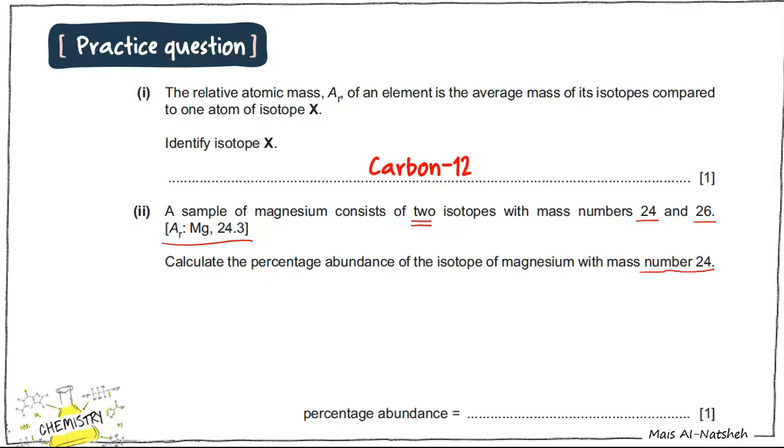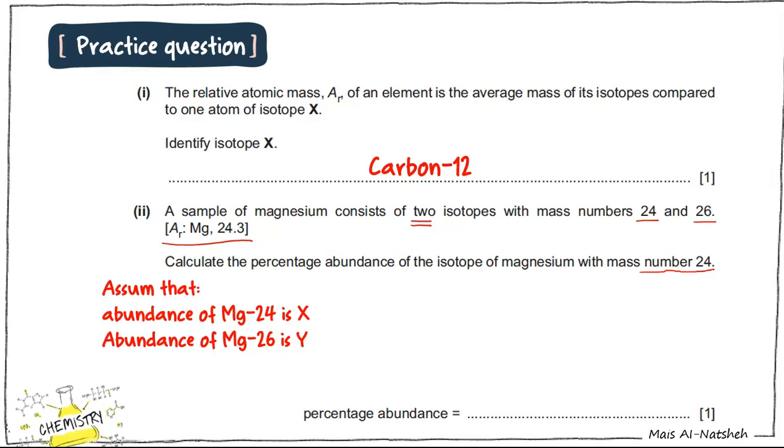What should I do here? First of all, you have to apply the rule we just used before. You need to do a simple trick. You have to assume that the abundance for magnesium-24 is X and the abundance for magnesium-26 is Y. But we know that X plus Y, which is the total percentage abundance, equals 100.